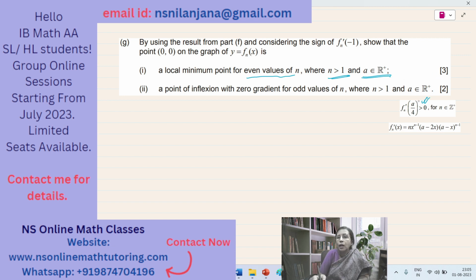So we have seen, first of all, let us find what is the value of Fn dash of 0. This is the expression for Fn dash of x. So let me just write this.